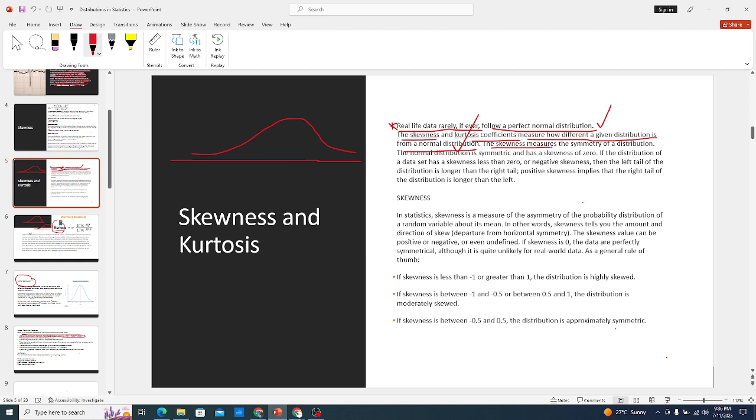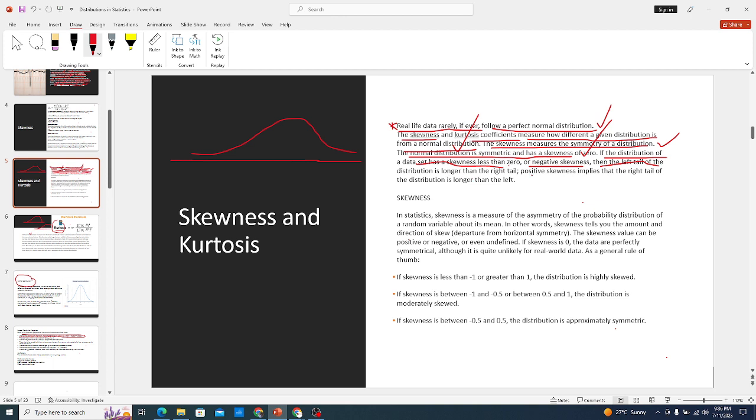The skewness measures the asymmetry of the distribution. So the normal distribution is symmetric and has a skewness of 0. I had said so: for a perfect normal distribution, we have 0 skewness. If the distribution of a data set has a skewness less than 0, then that is a negative skewness, and the tail will be to the left.